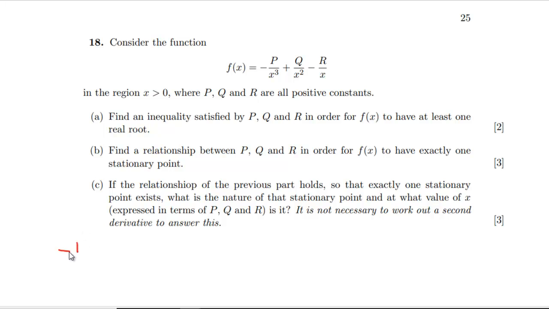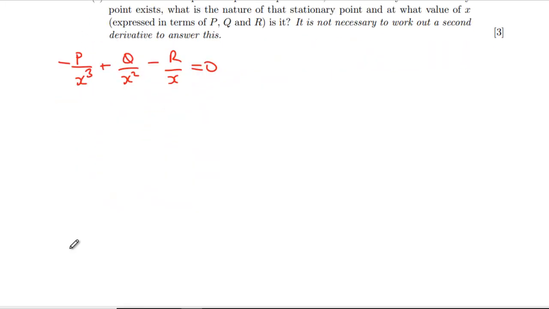So we want minus p over x cubed plus q over x squared minus r over x to be equal to 0. Now I can scroll down a bit. So let's multiply everything by x cubed just to deal with all of these fractions. So we'll have minus p plus q times x minus r times x squared, and that is equal to 0.